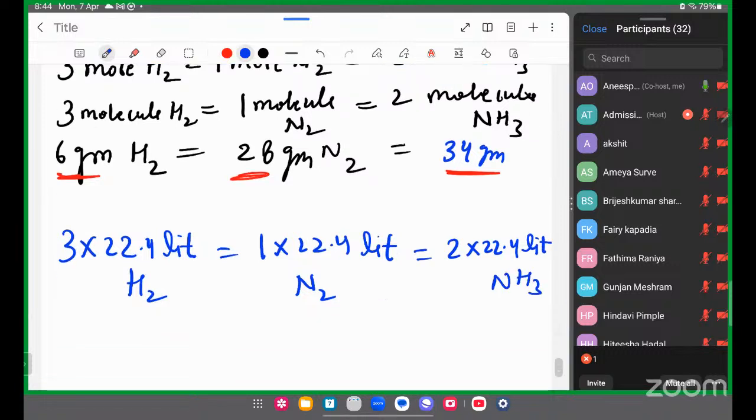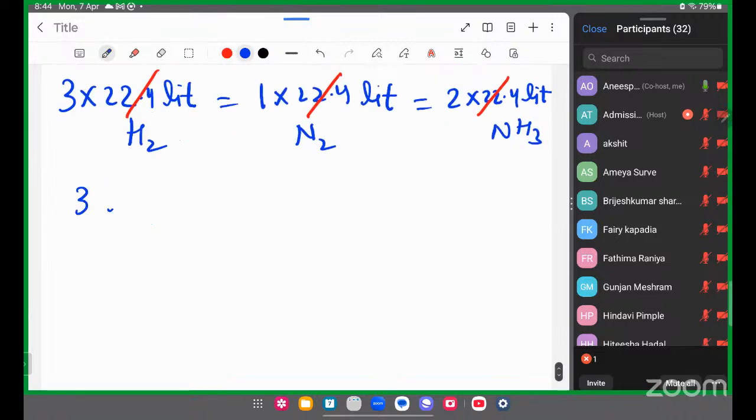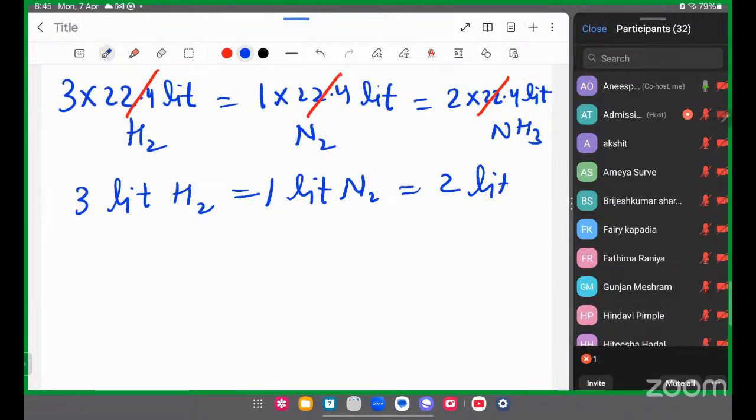Now 22.4 liter is a common factor, so we can simply cancel it. So now the information will be like this: 3 liter hydrogen react with 1 liter nitrogen to give 2 liter ammonia. Understood? So this extraction of information from a balanced chemical equation is known as stoichiometry.